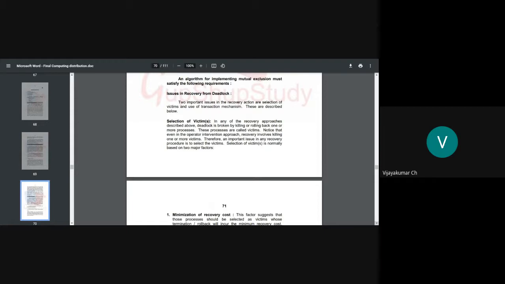In any of the recovery approaches, deadlock is broken by killing or rolling back one or more processes. These processes are called victims.